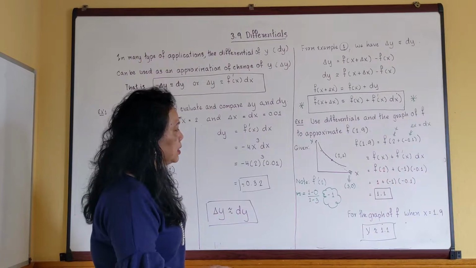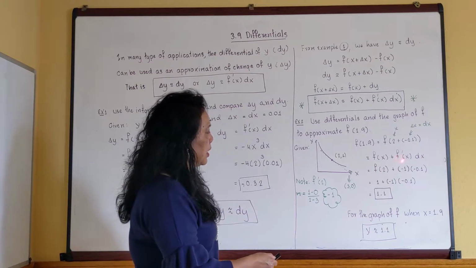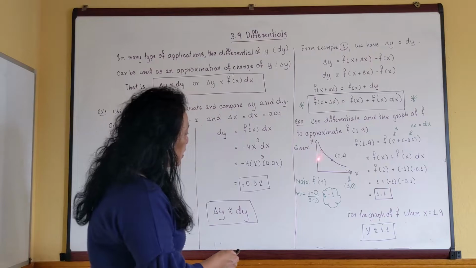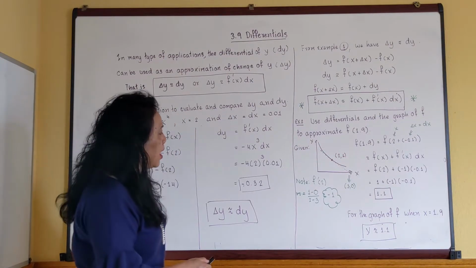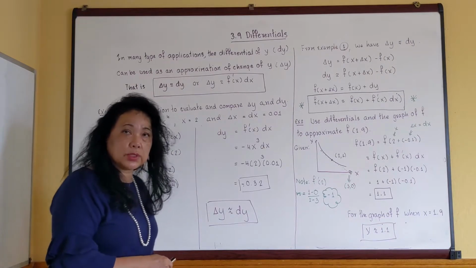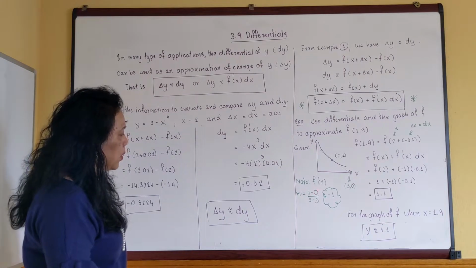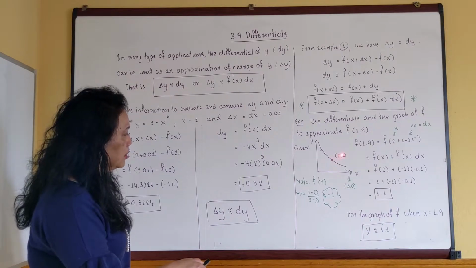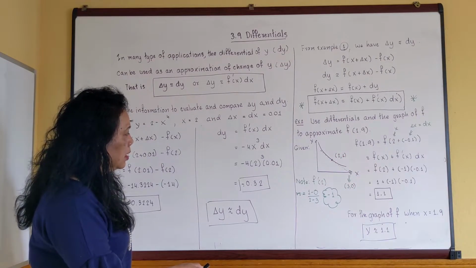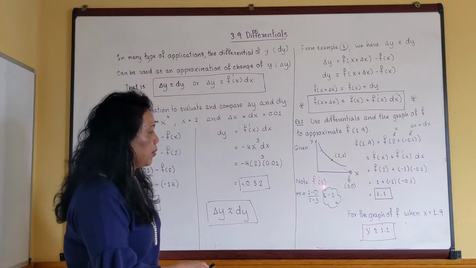When x is 2, y is 1. Now the derivative, f prime of x. Because this tangent line has 2 points, (2, 1) and (0, 1), I'm going to use the slope: y2 minus y1 over x2 minus x1. So 1 minus 0 over 2 minus 3. I have negative 1. That's f prime of 2.